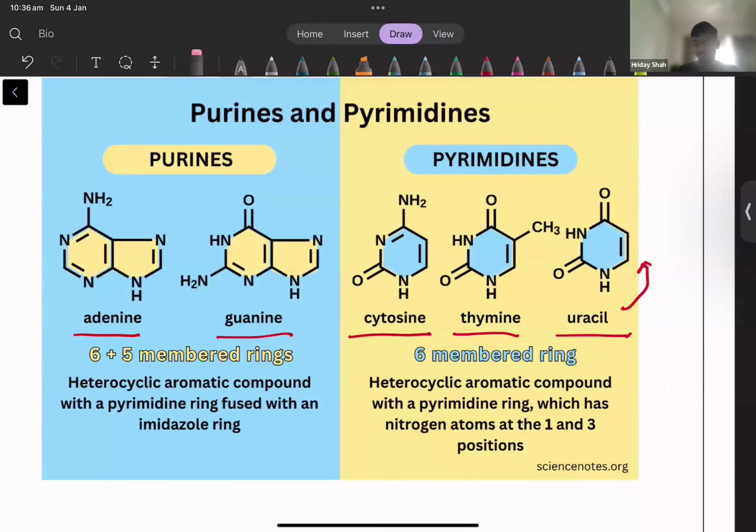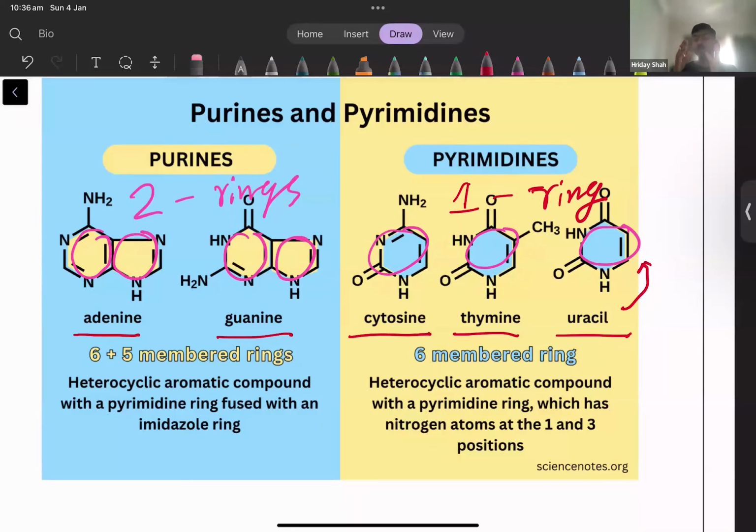Way too much chemistry, we're doing biology. What you do need to look at in the difference, though, is the rings. You can see cytosine, thymine, and uracil are all single rings, whereas adenine and guanine are double rings. Two rings versus one ring.